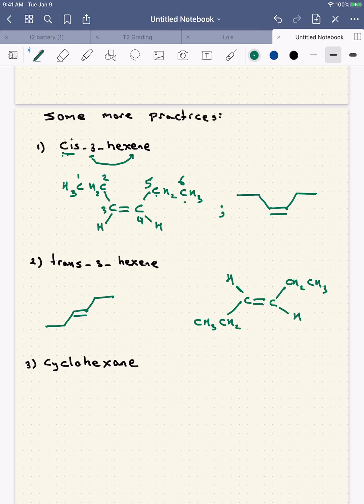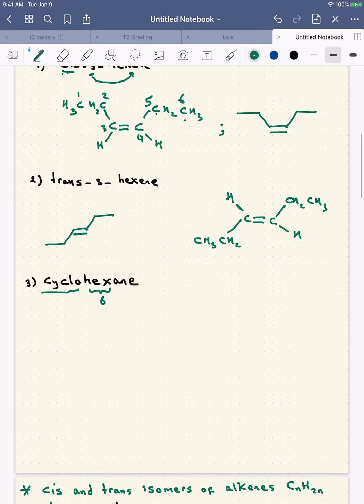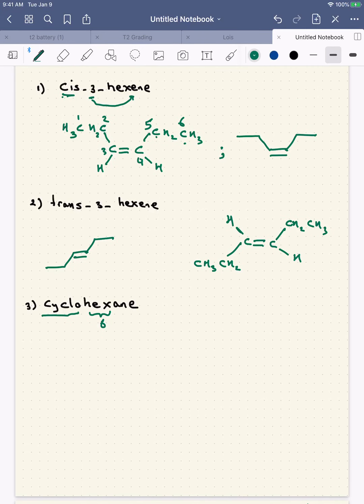Now, what about cyclohexane? So cyclo will say it's a ring. Hex will say there are 6. And the ending ane is saying it's saturated. So we are going to put a ring structure. So you have 1, 2, 3, 4, 5, 6. So this is cyclohexane.